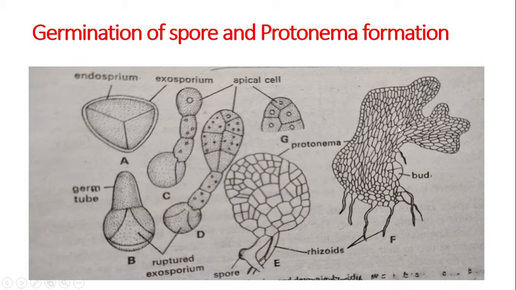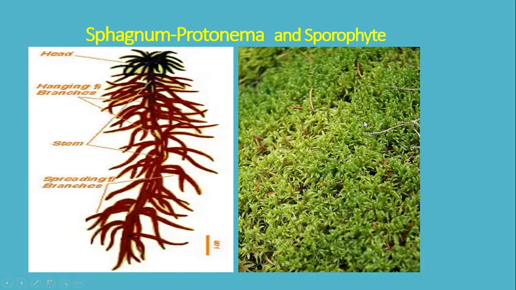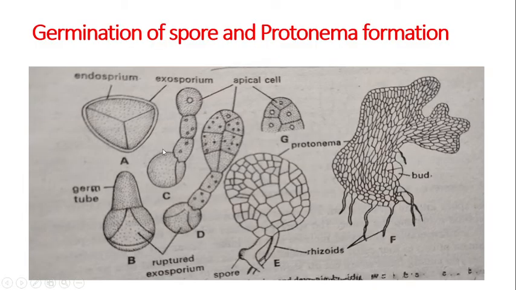What happens on this protonema is that some of the cells present at the periphery or margin become meristematic and form a bud-like structure. And this bud again forms the gametophore, the structure which we have seen in the previous slide. This is the adult structure known as the gametophore, or the main plant body. It forms later, but the protonema forms first after the germination of the spore.